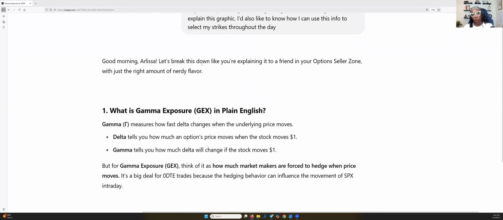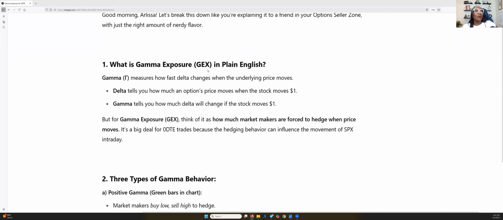So he says, good morning, because Chat knows me. Let's break this down like you explained to a friend in your option seller zone with just the right amount of nerdy flavor. So we talked about gamma exposure. Gamma measures how fast delta changes when the underlying price moves. Delta tells you how much an option price moves. Gamma tells you how much delta will change if the stock moves.